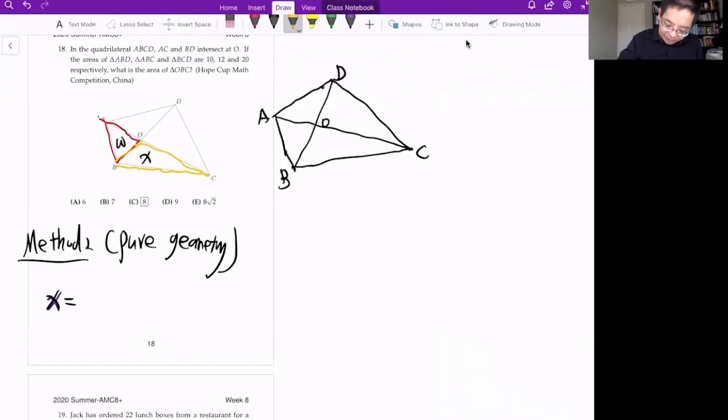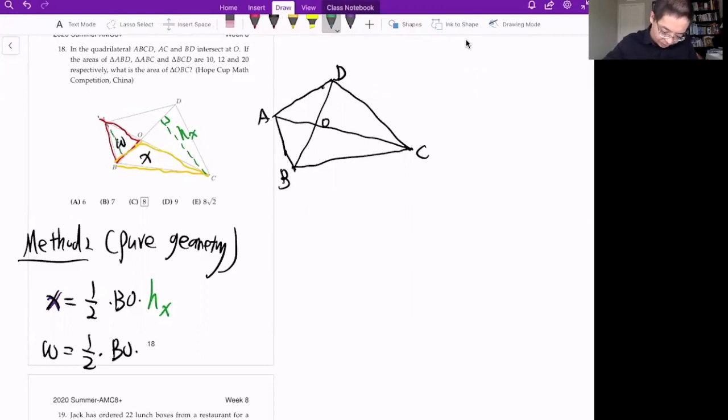When I calculate the area of BOC, it is 1/2 times BO, the common side, multiplied by the height. Let's say this height is hx, so times hx. And then if I calculate w, it is 1/2 times the common side BO, and times the height right here, which I say is hw, right? hw.